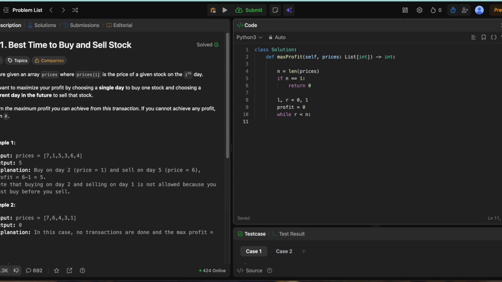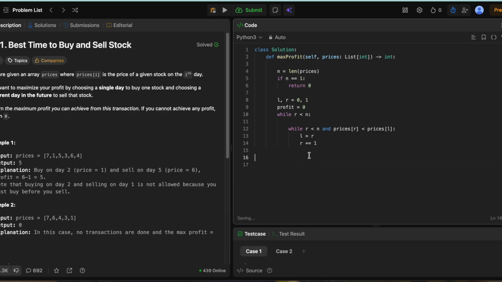So what are we going to do? While prices at R is less than or equal to the prices at L, then L is equal to R and R plus equals 1, because we want to buy at a minimum value. Once we go past this while loop, we have spotted a min.